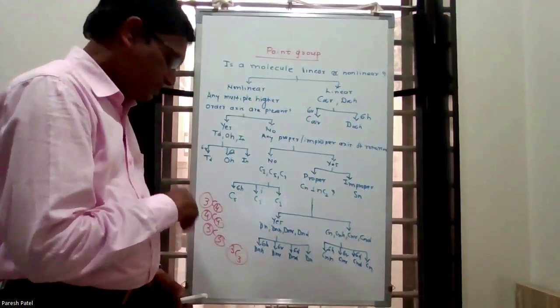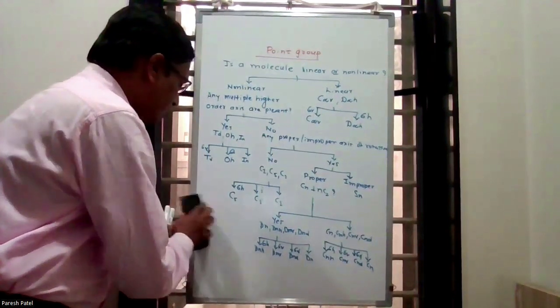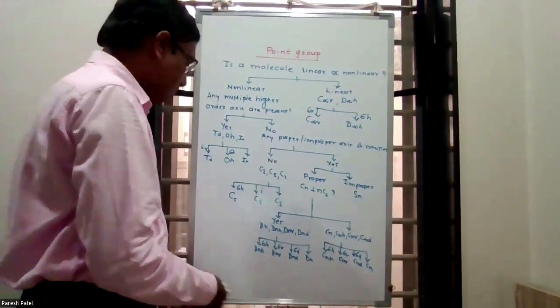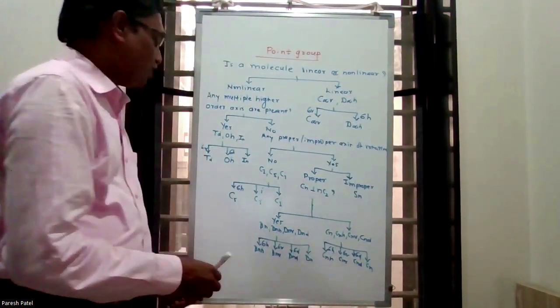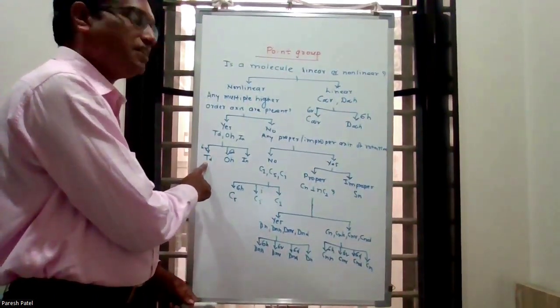Now, in case multiple higher order axes are present, then sigma v, sigma d, and i may be checked. If our molecule has sigma v, then the point group is Td.